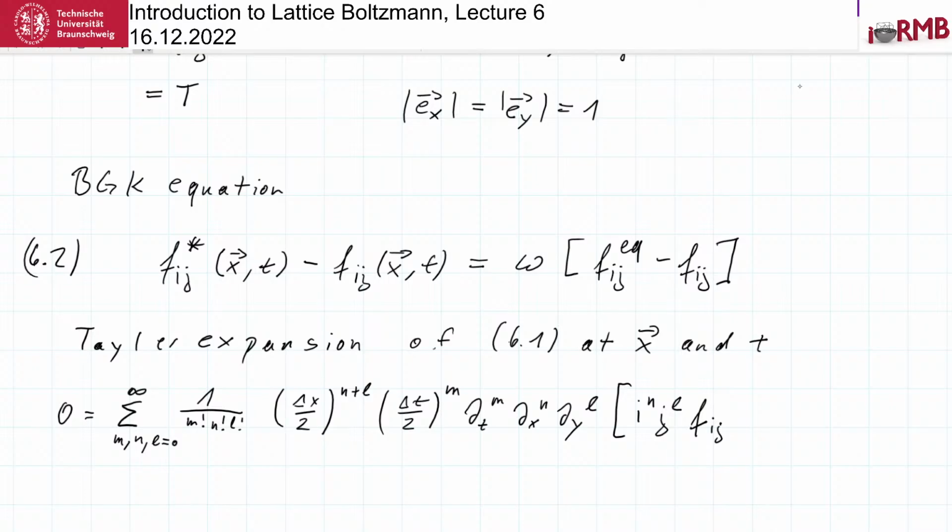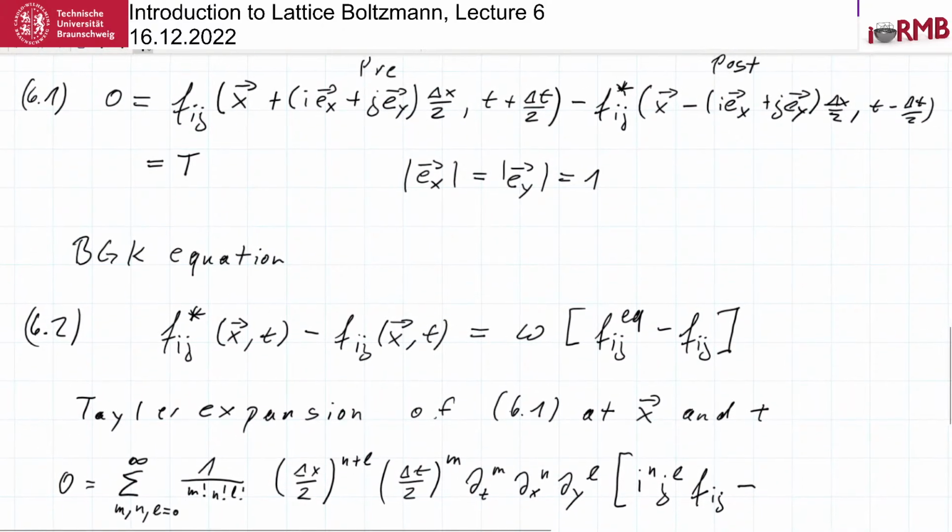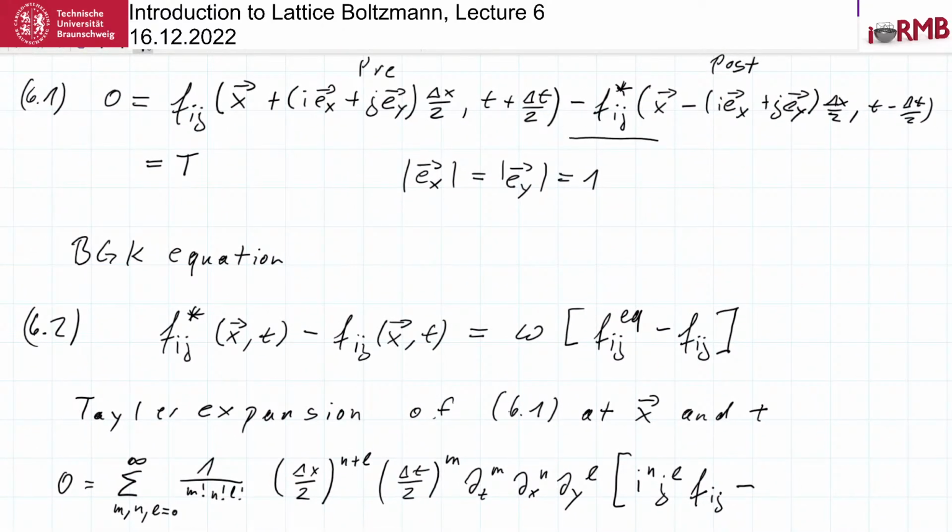So that's relatively simple. Then comes a minus. Maybe I move it a little bit down here so that we see this minus, right? And minus the f_ij post-collision, but now both space and time go in negative direction. They come again with these powers, so we have to take this into account.